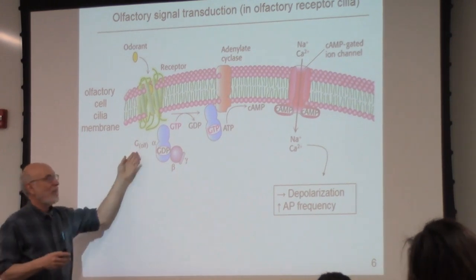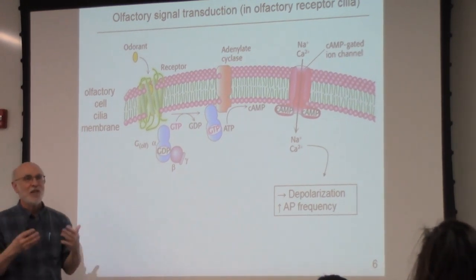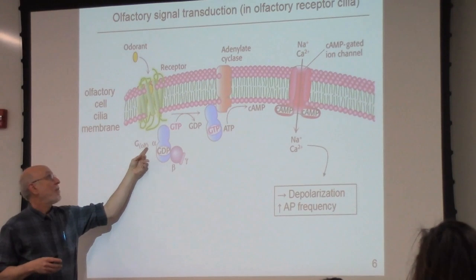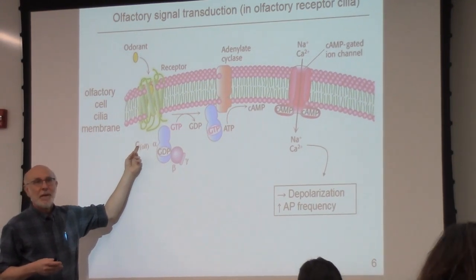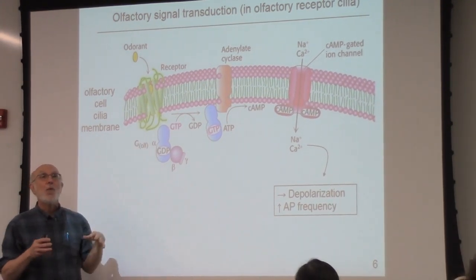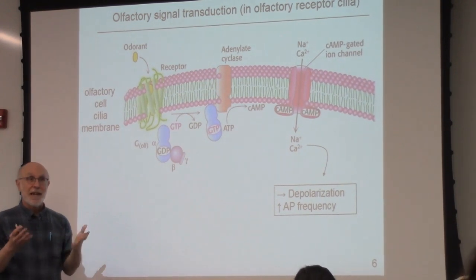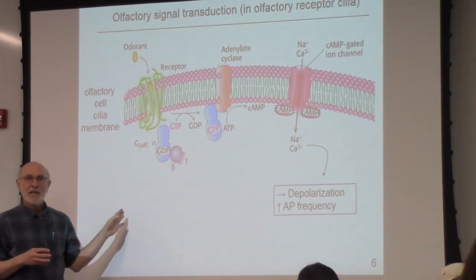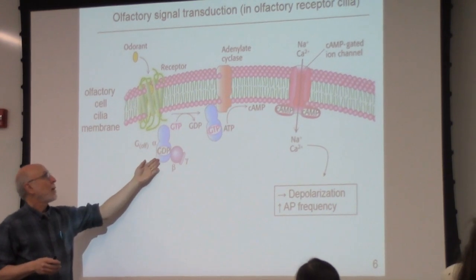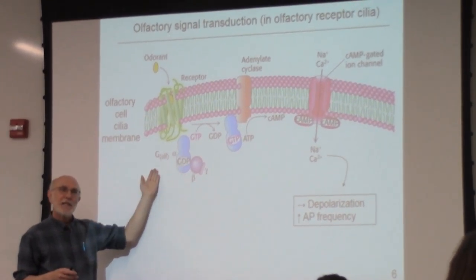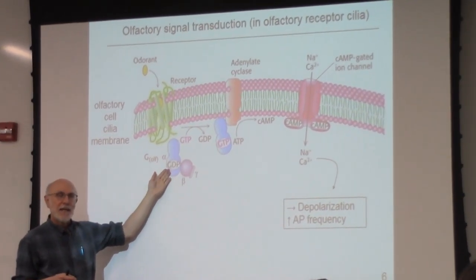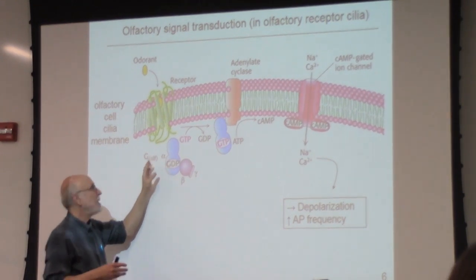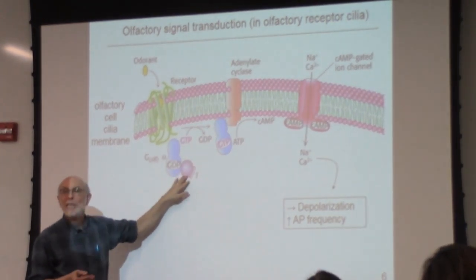You can remember it as golf, but don't tell me it's golf, tell me it's G-olf, okay? It's the olfactory G protein. It's related to one of the G proteins that has letters, S, I, or Q, and you'll see which one in a moment. Okay, GDP dissociates, GTP associates, GTP bound alpha separates from beta gamma.